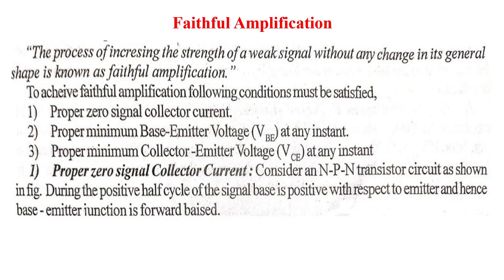Now, faithful amplification. The process of increasing the strength of a weak signal without any change in its general shape is known as faithful amplification. To achieve faithful amplification, the following conditions must be satisfied.